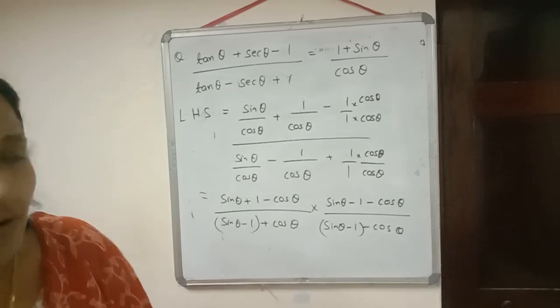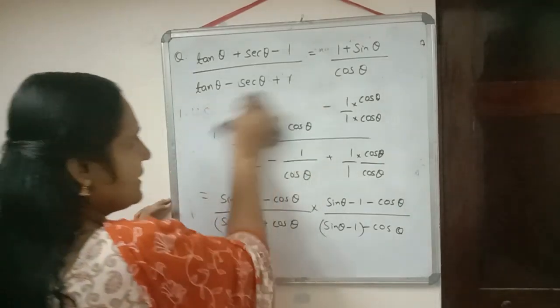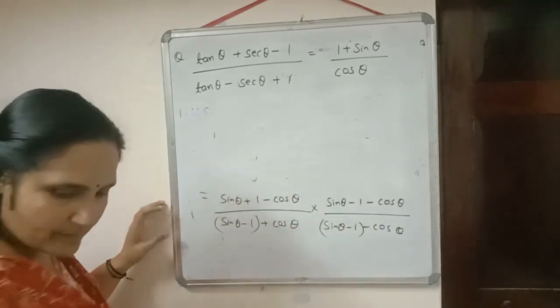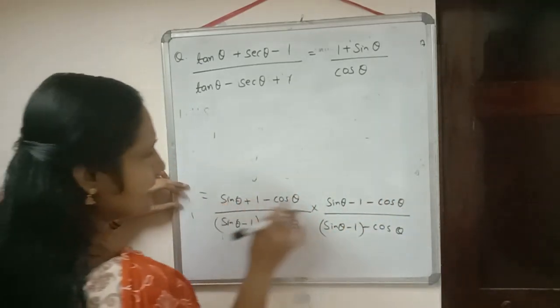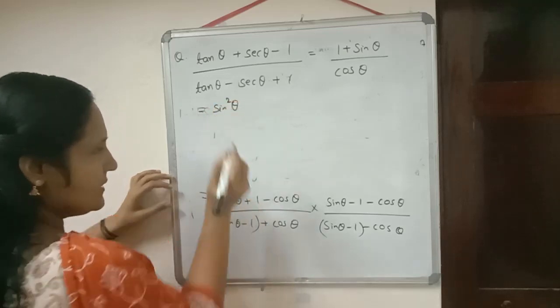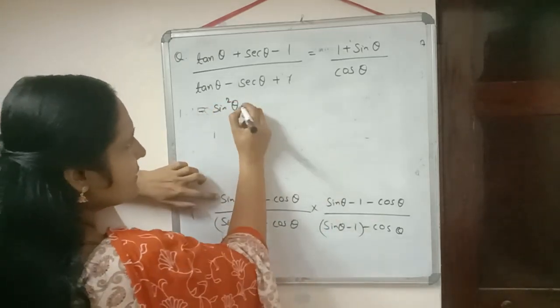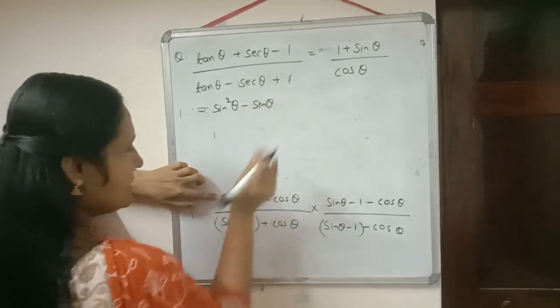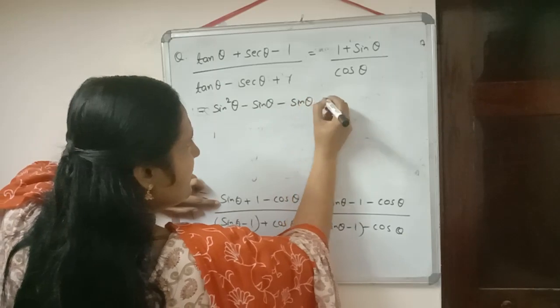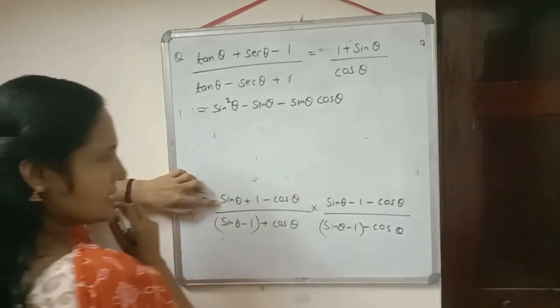Now what will we do? We'll just do the normal multiplication of polynomials. Just check: sin theta into sin theta is sin square theta. Sin theta into minus 1 gives minus sin theta. Sin theta into minus cos theta gives minus sin theta cos theta.